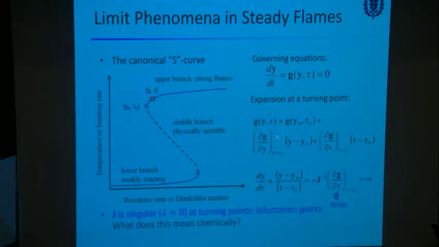And this is the Jacobian, or the first order derivative, partial G partial y, times y minus y0. That means how much difference there is between y and y0 between these two points. And this is partial G partial tau. This is from multivariate calculus, so this is a linear, first order Taylor expansion, right?